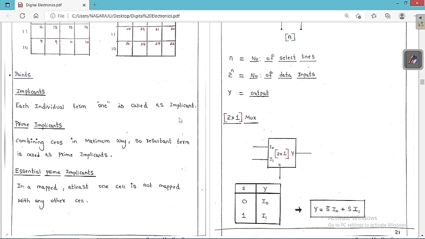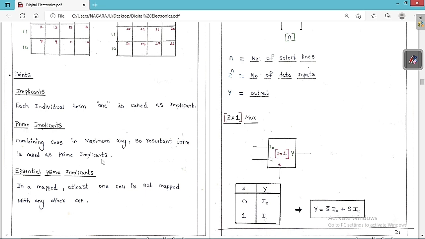So now next comes the prime implicant. Prime implicant means combining cells in the maximum way. The resultant term is called a prime implicant. I already told you, we have to combine the cells from maximum to minimum. If you combine the maximum, then definitely you are going to get a simplified answer.